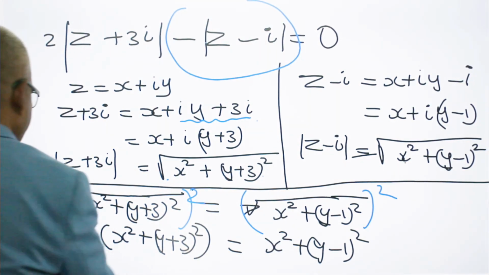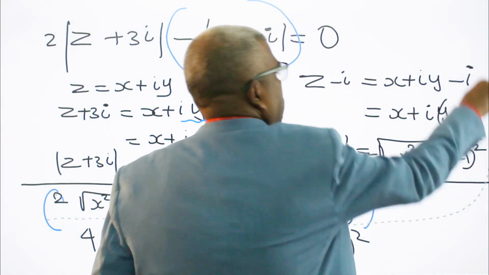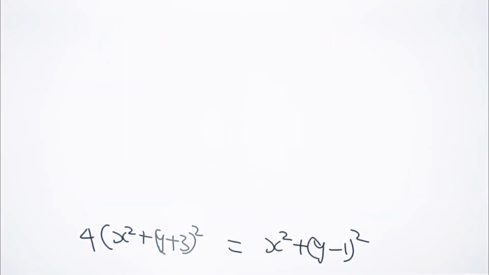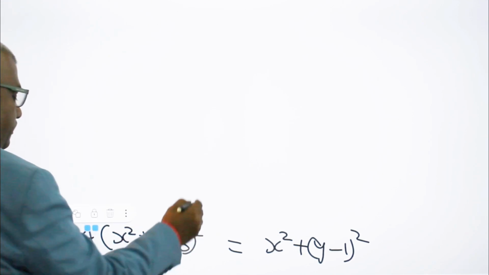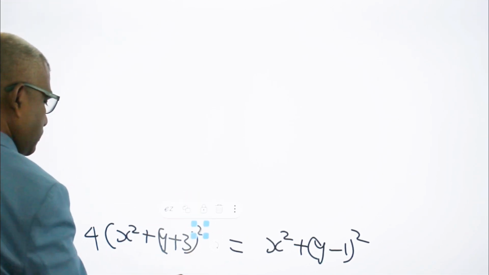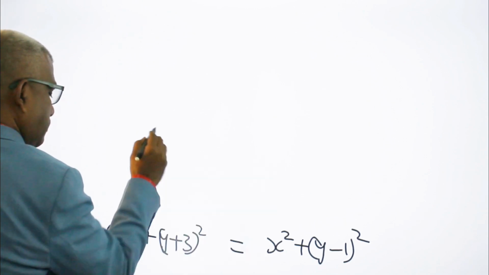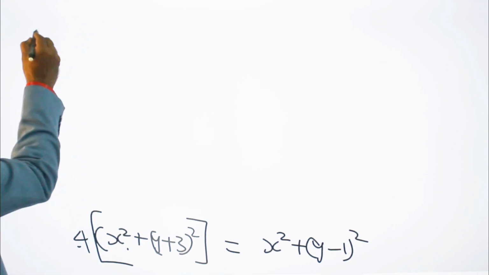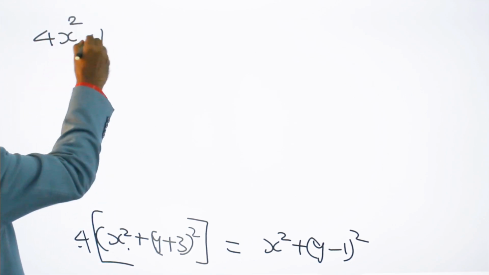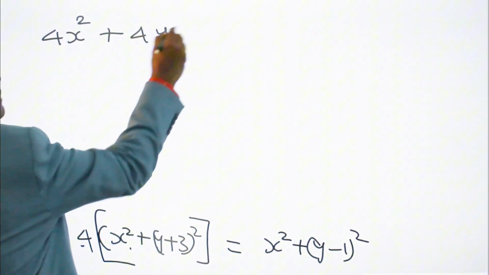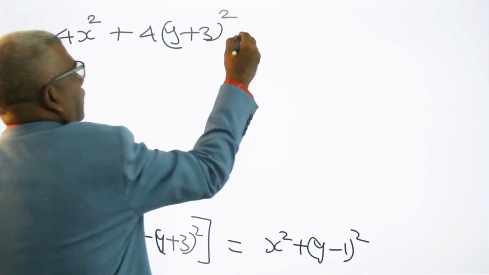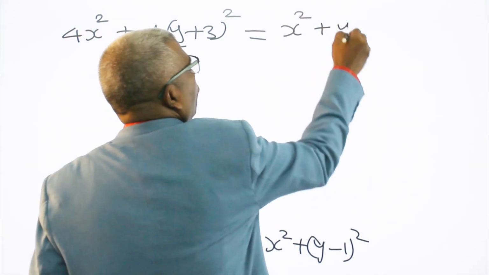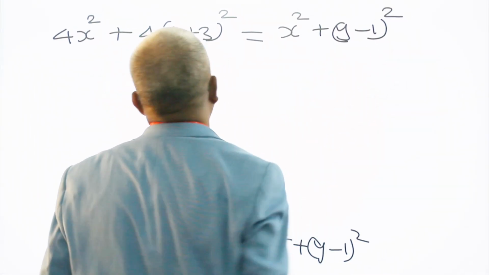Next is just rearranging. 4x squared plus 4(y plus 3) whole squared is equal to x squared plus (y minus 1) whole squared.